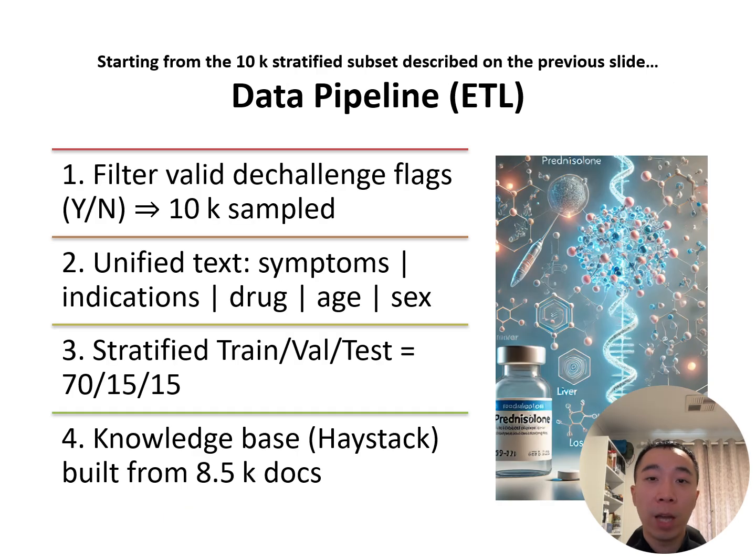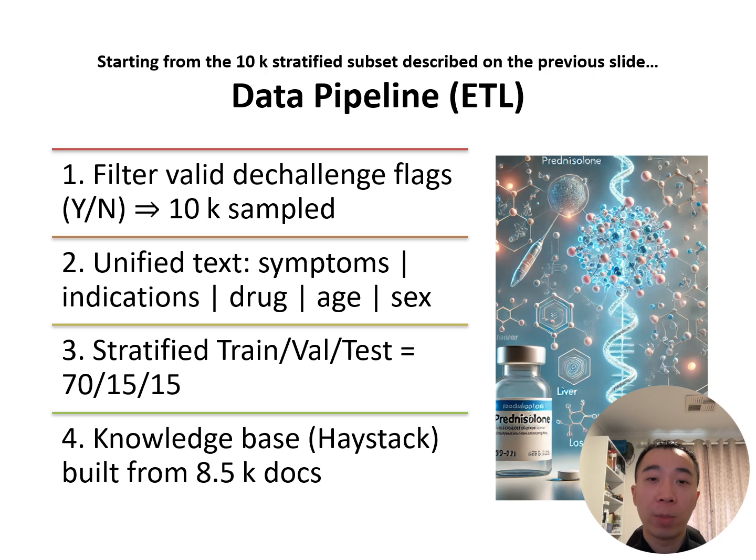The data pipeline included 4 main steps. We filtered valid records with the dechallenge values of Y or N and sampled 10,000 cases. Each case was converted into a unified text format: symptoms, indications, drug, age, and sex.